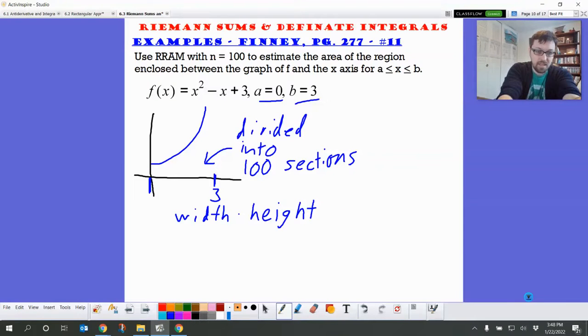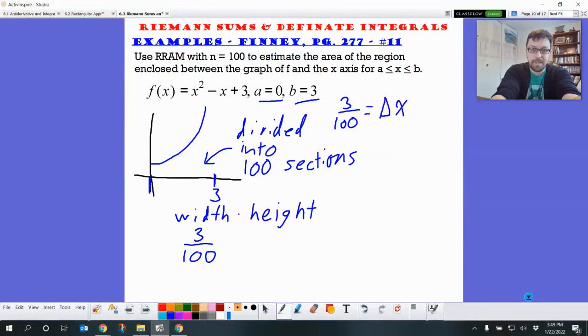So the width of each one is 3 over 100. Now that 3 over 100 is something that we're going to use a little bit later. So that is our change in our x value, our delta x. So how far we're changing from rectangle to rectangle.